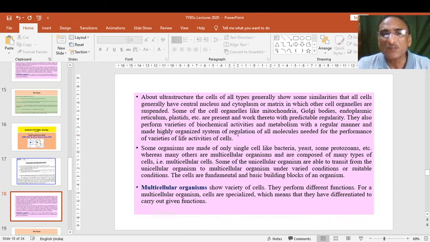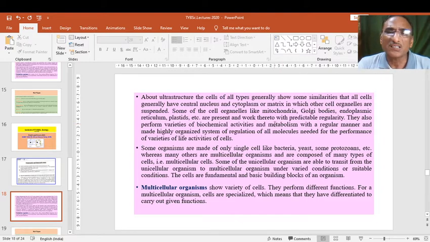So the cytoplasm is the material excluding nucleoplasm. It contains various cell organelles: mitochondria, Golgi bodies, endoplasmic reticulum, plastids, etc., as per the type of cell, either plant or animal.